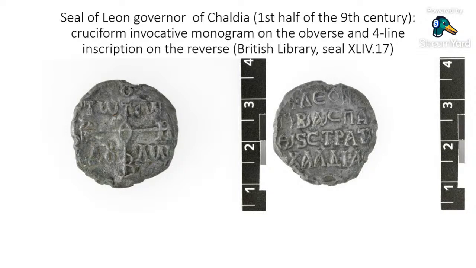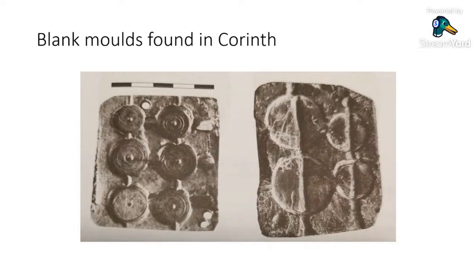It's a standard invocation on Byzantine seals, with the name and function of the owner on the other side. This seal belonged to Leo, governor of the region called Chaldea. So this is the way a Byzantine seal can look.